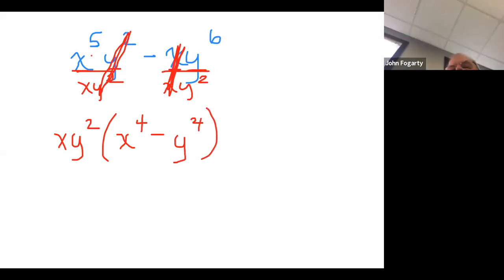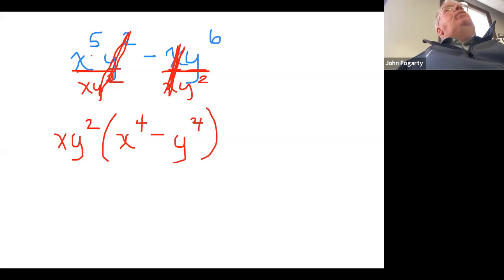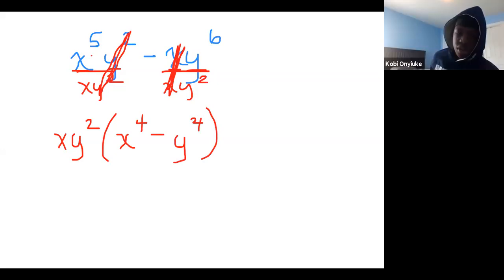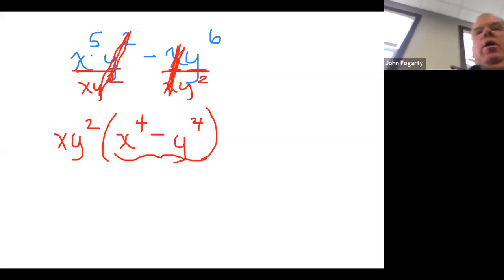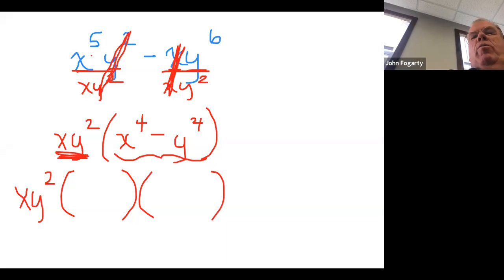Now, you have factored the polynomial, but you haven't factored it completely. Somebody tell me why. Well, the difference of two squares. This is the difference of two squares as well. So this doesn't disappear, fellas. X, y squared. Now I'm going to get two binomials. Ready? Give me, what's the square root of x to the 4th?